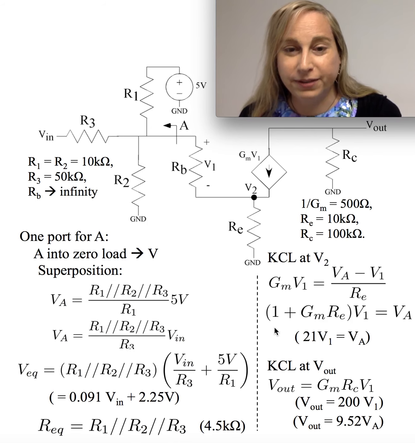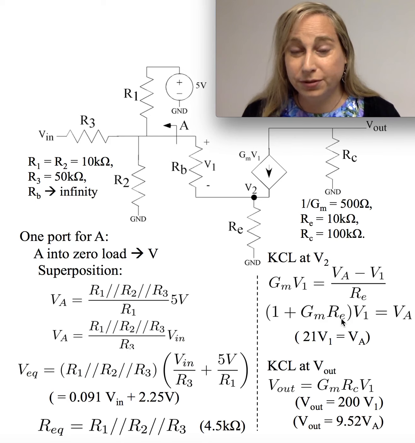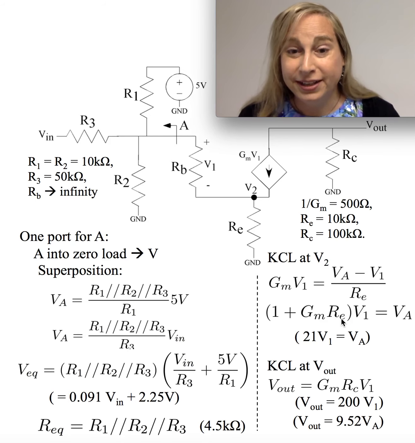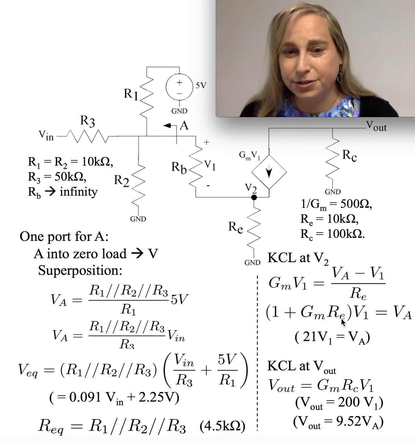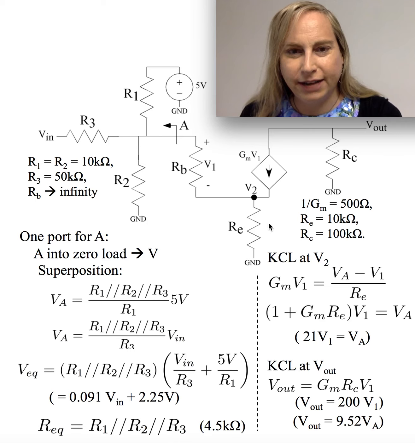Those of you familiar with more advanced circuits, this GM times RE is exactly what you'd expect for a source degeneration or emitter degeneration resistor to help you set a transconductance term. And then the last thing you see is a KCL at V out, and as a result I find that V out is equal to the negative of GM RC V1. I basically did it in magnitude here.